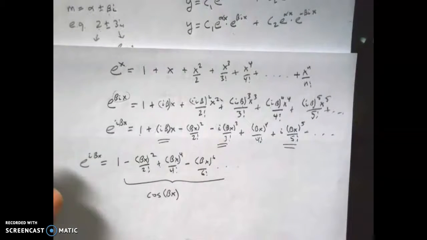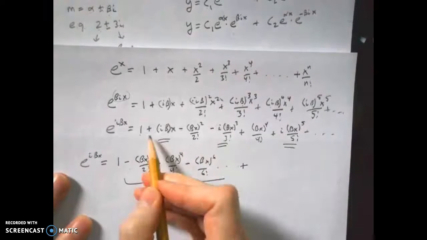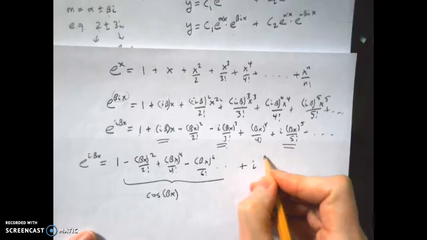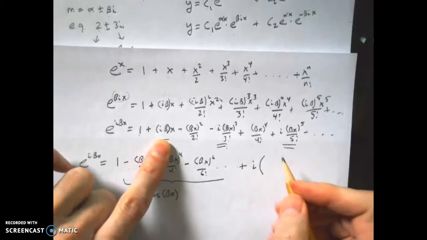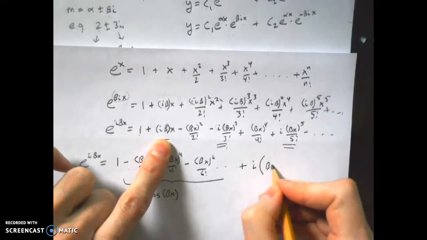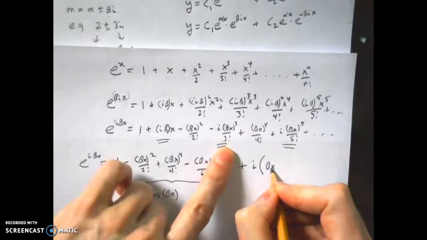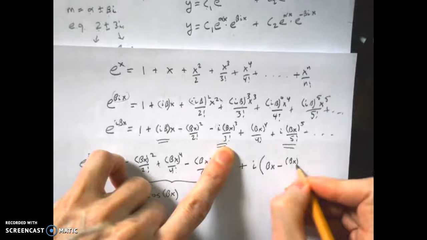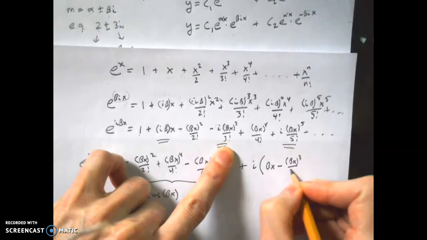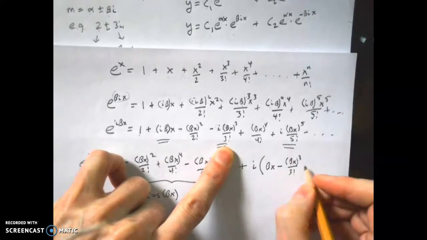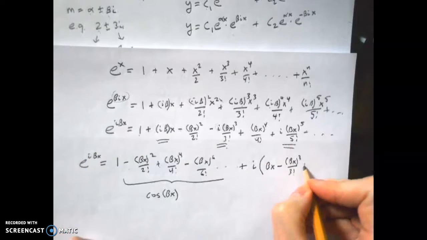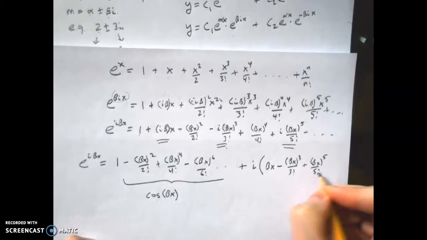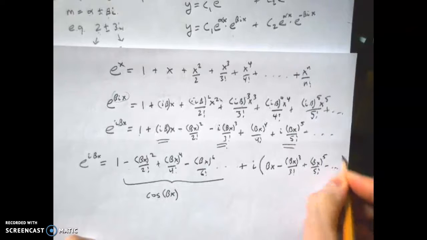Okay? Then we've got plus, and we want to add all the ones that have the i's in them. I'm going to factor out the i. So here we're going to get beta x. And over here we get minus, I factored out the i, so beta cubed x cubed over 3 factorial, then plus this one, beta to the 5th x to the 5th over 5 factorial, minus, and then dot, dot, dot.